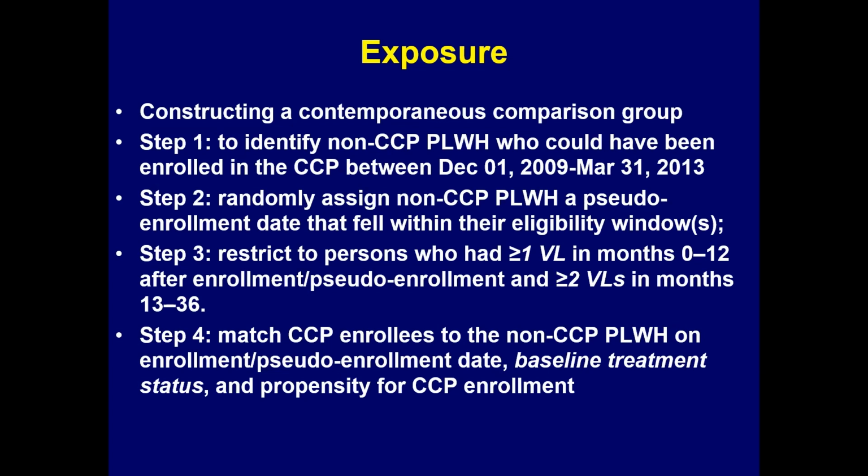I just want to explain this baseline treatment status in more detail. When people enrolled into the CCP program, they had different risk in the 12 months prior to their enrollment.